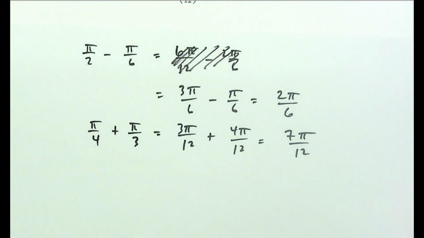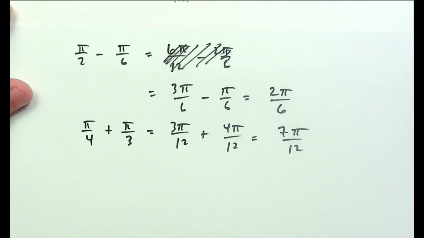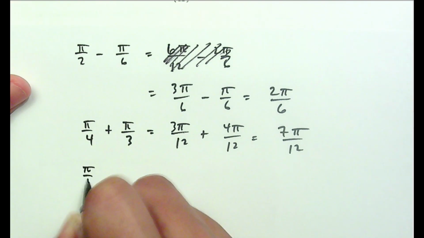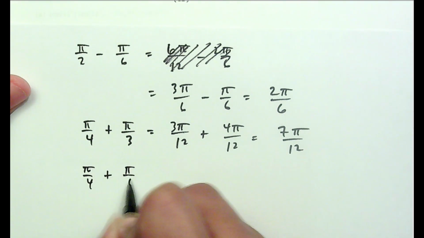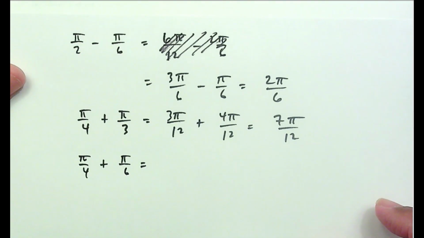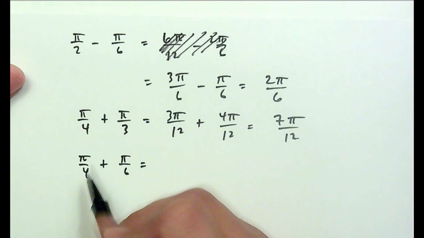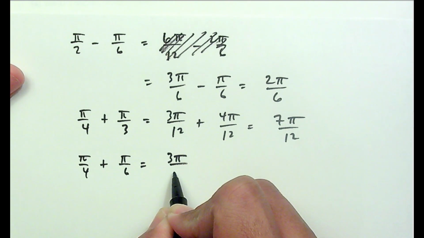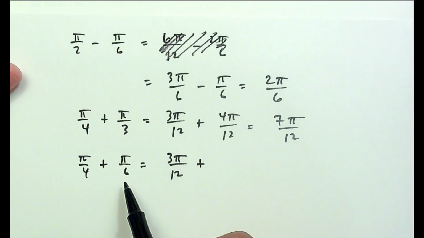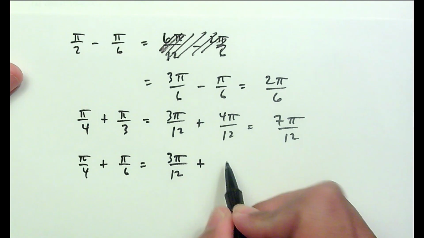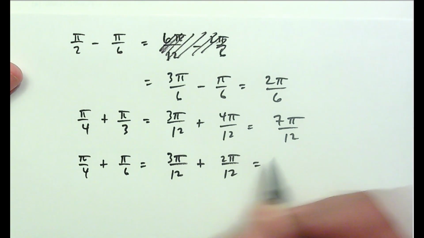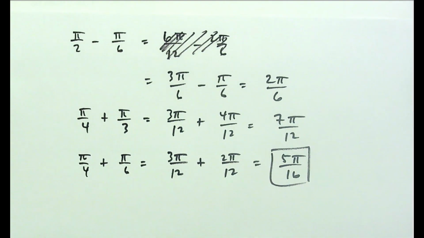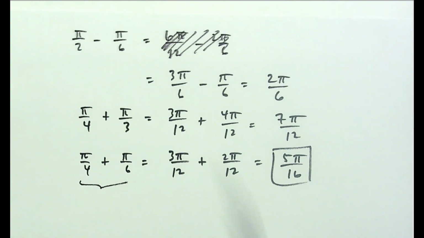So what in the world is it? Let's see. Pi over 4 plus pi over 6. Let's try that one. We multiply by 3 and by 3, you're going to get 3 pi over 12. And then this one times 2 and times 2 would be 2 pi over 12. Aha! Bingo! So this is the combination that works.